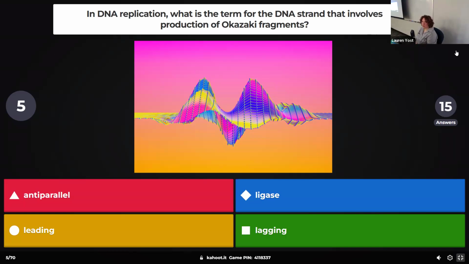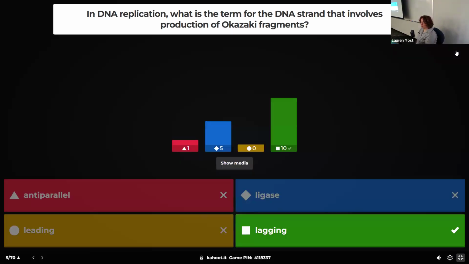Alrighty, so this is the lagging strand. The strand that is made in fragments, because as we open the fork, then we can make another fragment. And then we open it further, we can make another fragment. Those fragments are called Okazaki fragments, and that happens on the lagging strand. The leading strand is made continuously.